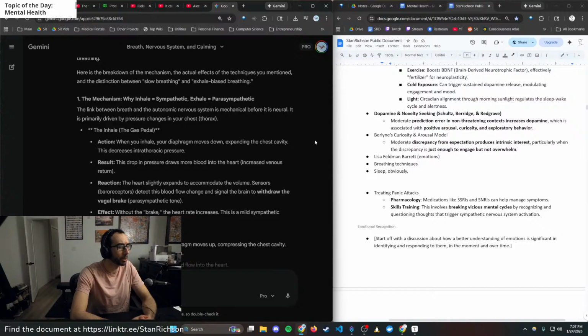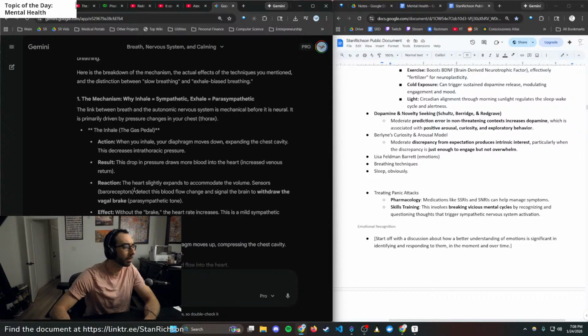This drop in pressure draws more blood into the heart. The heart slightly expands to accommodate the volume. Sensors detect this blood flow change and signal the brain to withdraw the vagal brake, the parasympathetic tone. Without the brake, the heart rate increases. This is a mild sympathetic activation.